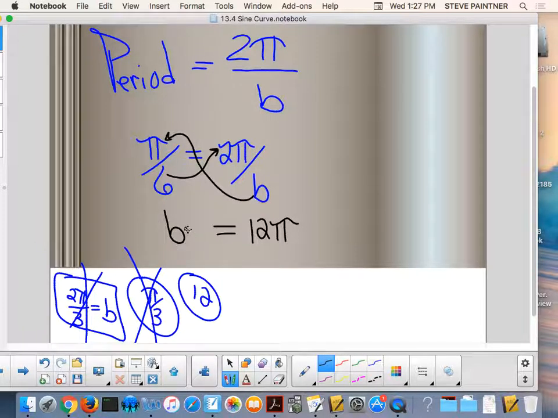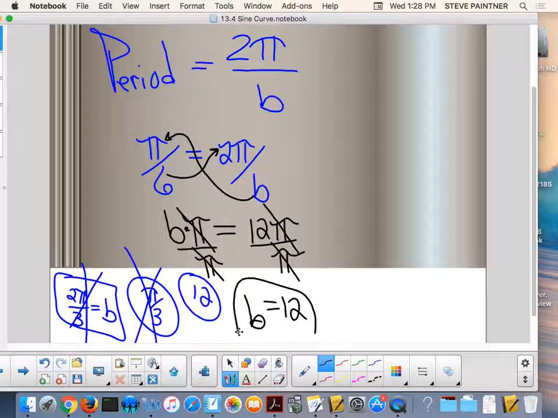Well, b times pi. You're solving for b, so get rid of multiplication by dividing by pi. Out with the pi's, you get 12. So the b value is 12.